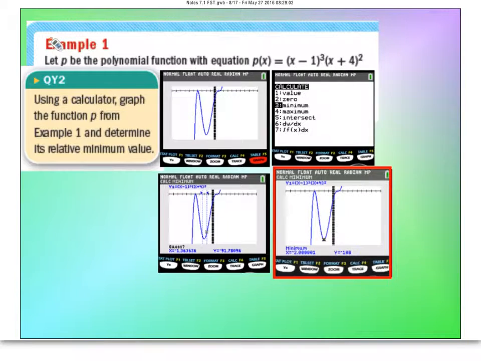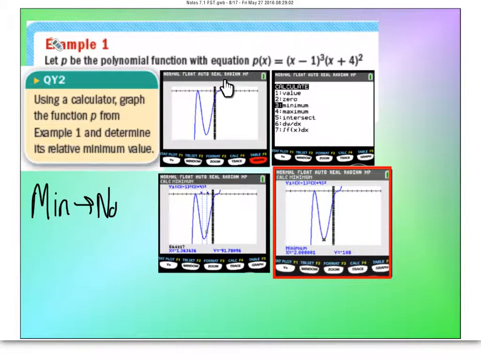Now if we go back to this example we used for finding the x and y intercepts, we already have the graph in the calculator. If they want us to use the calculator to find the relative mins or max, we can do that. Now let's actually look at this, for example, and talk about if there's mins or maxes. The min of this graph, there is no particular min because it goes down here to negative infinity.